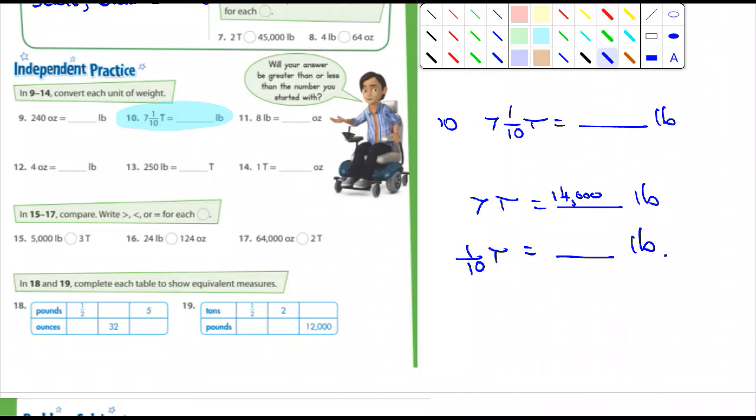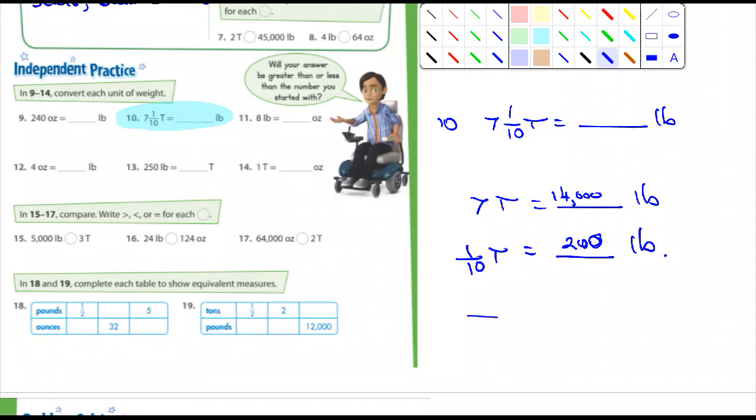If a ton is 2,000 pounds, we just need to figure out what 1/10 of that would be. Another way to look at it is you could divide it by 10, and I heard somebody say it would be 200. If we divided 10 into 2,000, what do we get? 200. Okay.